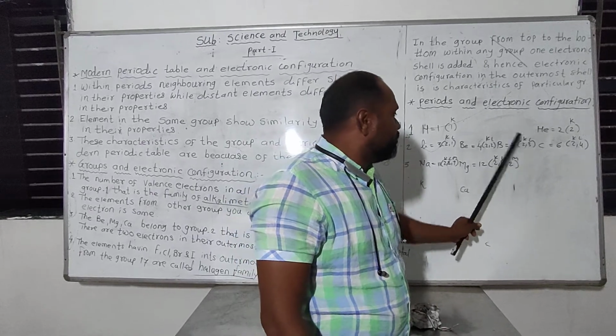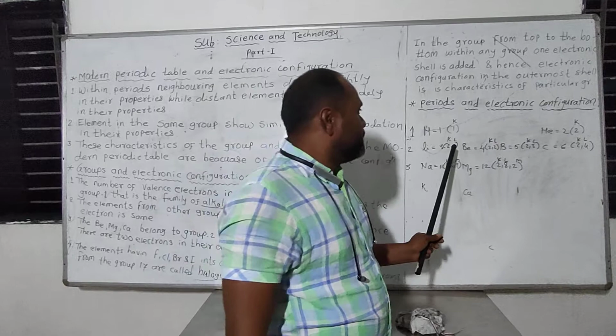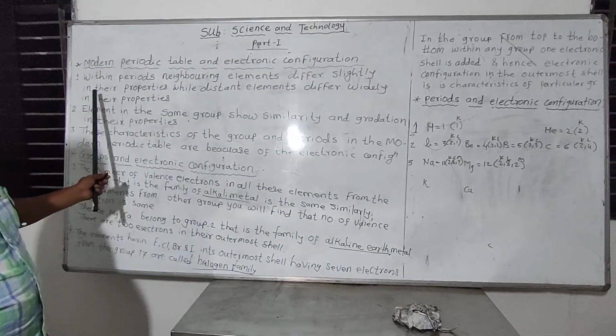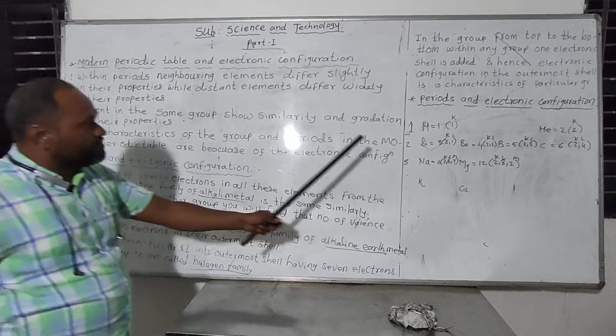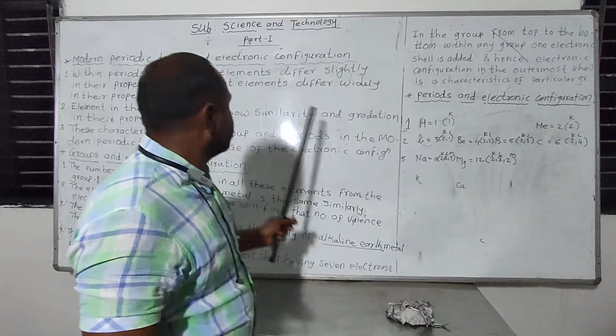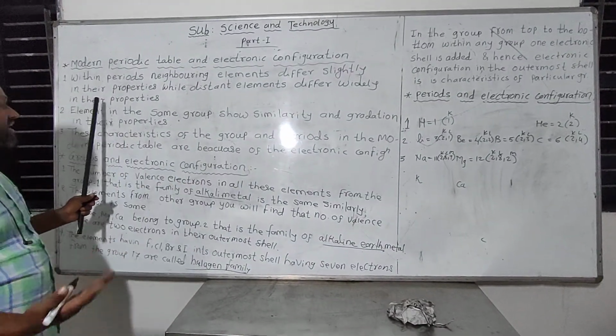Beryllium is also the same, only 1 electron is added in the period, so the properties change slightly. But from lithium to carbon, how many electrons increase? 3 electrons increase, so distant elements differ widely in their properties.